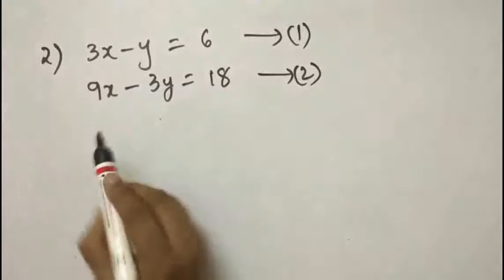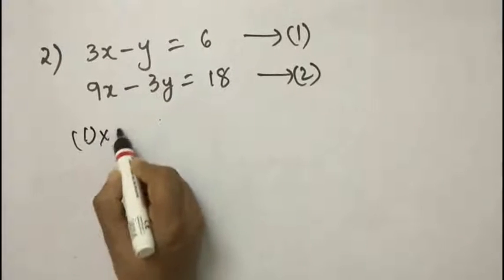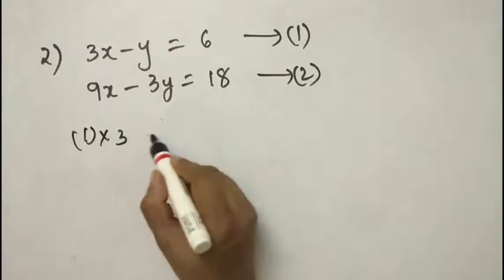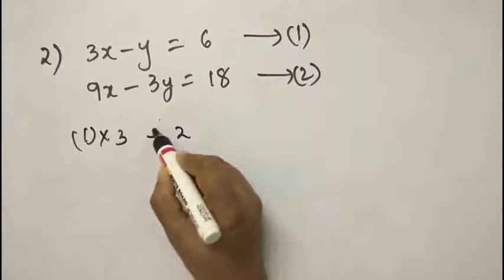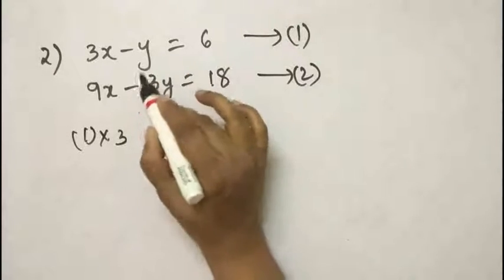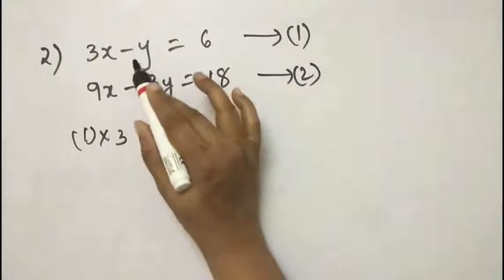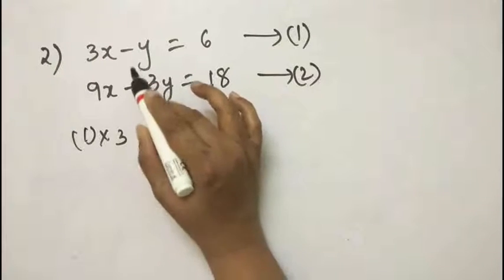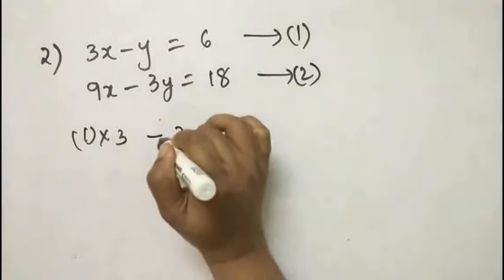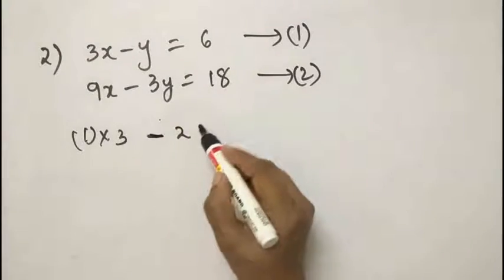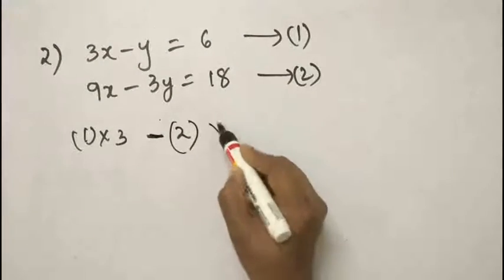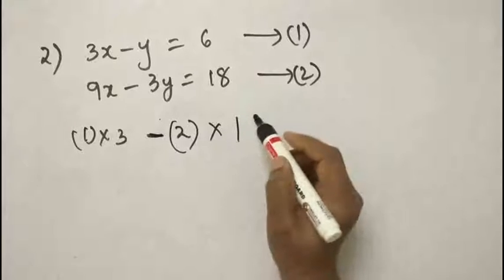So, I multiply equation 1 with 3. And equation 2, as these two have minus signs, I have to subtract. To eliminate means this sign should be changed. So, I have to subtract. I kept a minus sign here, and equation 2, I am multiplying with the coefficient of y, which is 1.